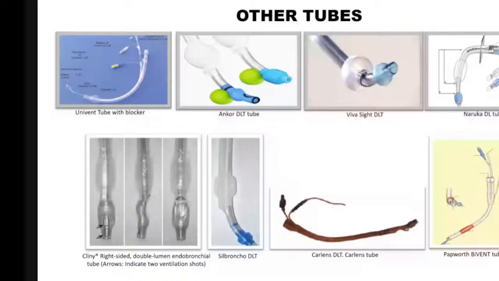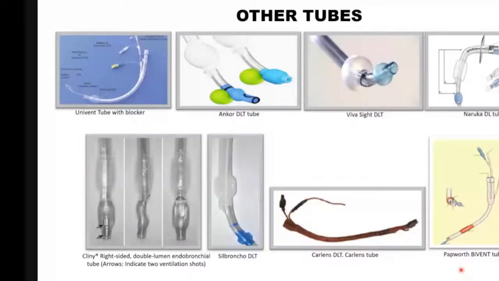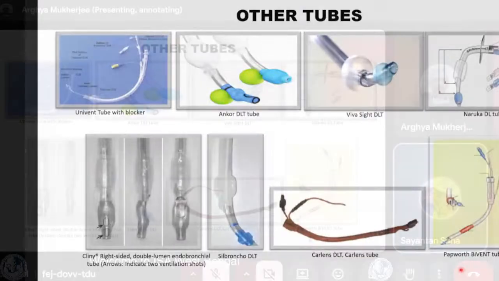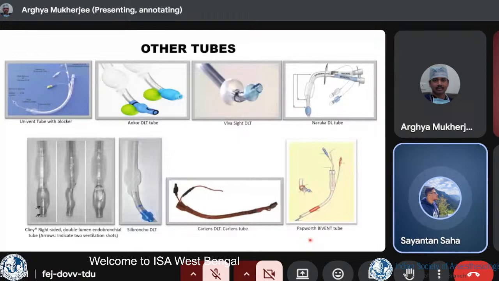Bronchial tube, which has two ventilation ports. Next is the Onco DLT, which has a well-reinforced flexometallic structure. Next one is the Carlens DLT, which has a special carinal hook. It helps in positioning, but is also obsolete now. Next one is the Papworth biventilation tube. It has independent ventilation channels with special connectors and allows a differential ventilation strategy.